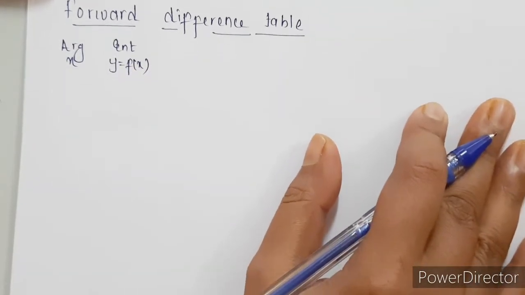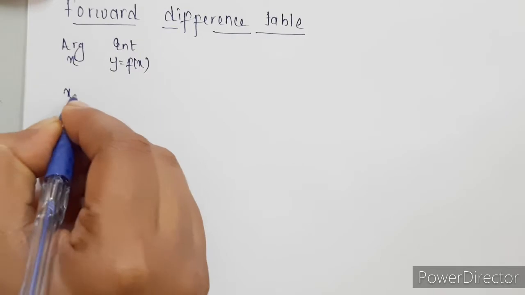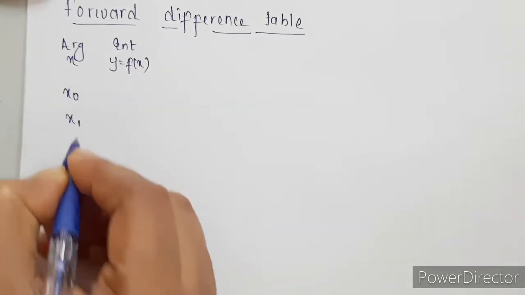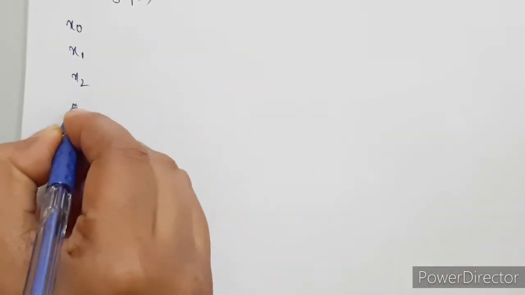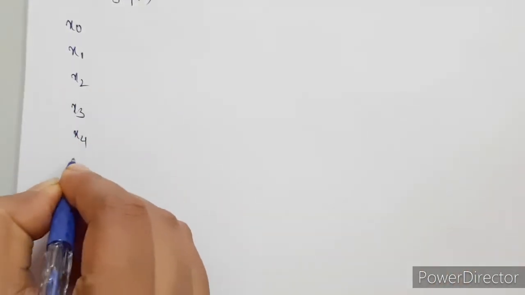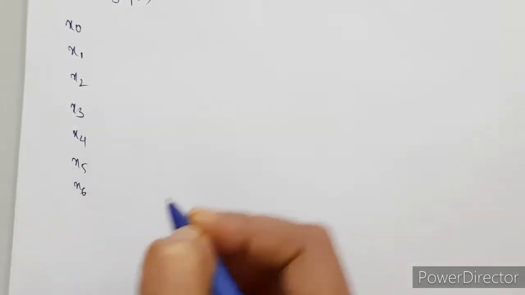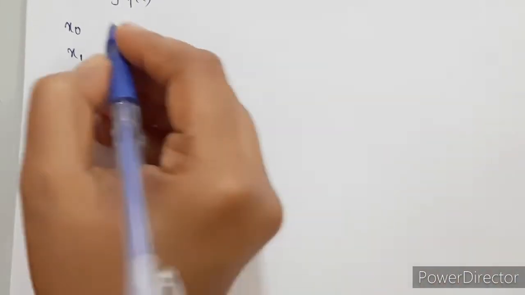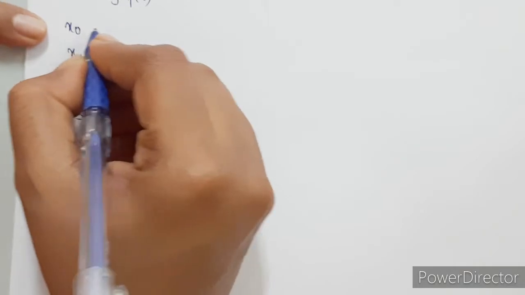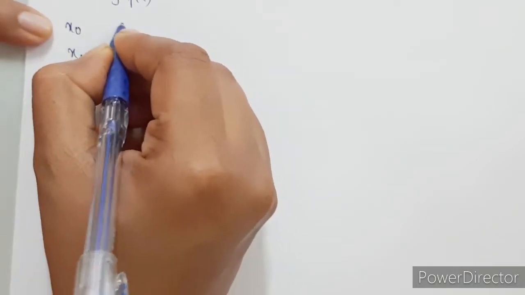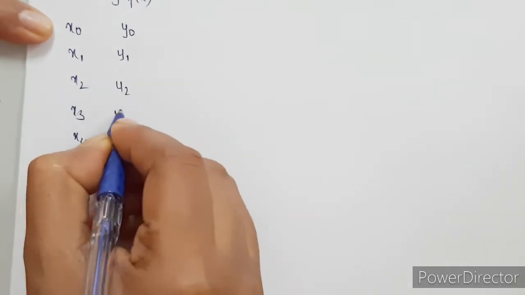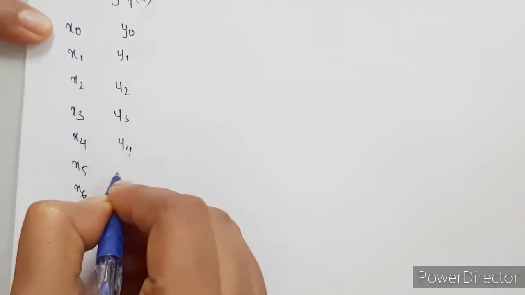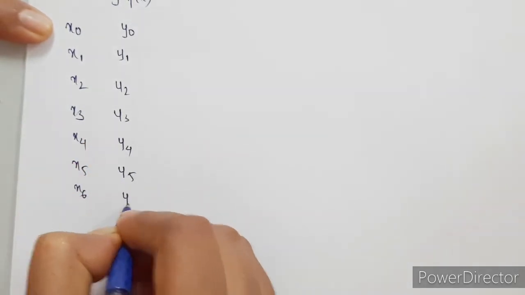Okay. So let me take these values: x0, x1, x2, x3, x4, x5, let me take till x6, and then values of y will be y0, y1, y2, y3, y4, y5 and y6.